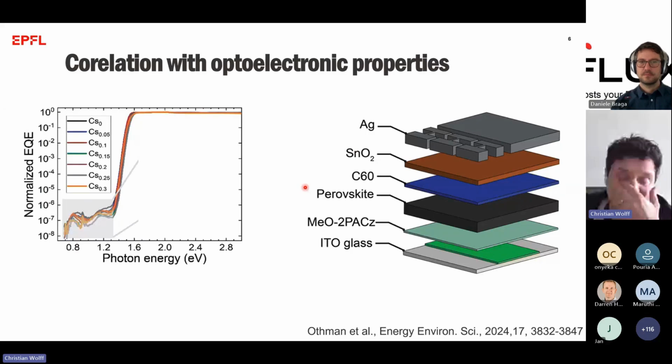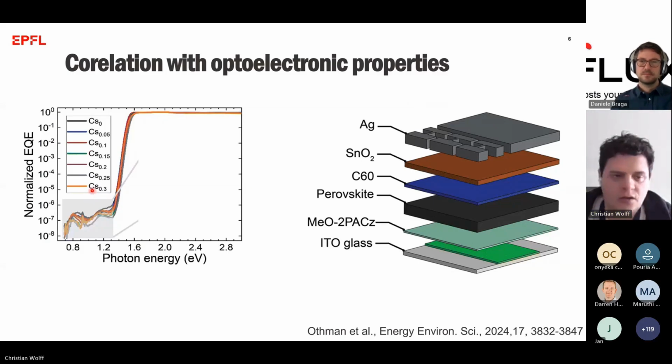And what you can do with such devices is take a look at their spectral response. If you are equipped well, such as was the case with our collaborator in Swansea, Stefan Zeiske, you can really measure also very, very low signals. So this is the normalized external quantum efficiency that you can see here on the left side for devices with varying cesium content.